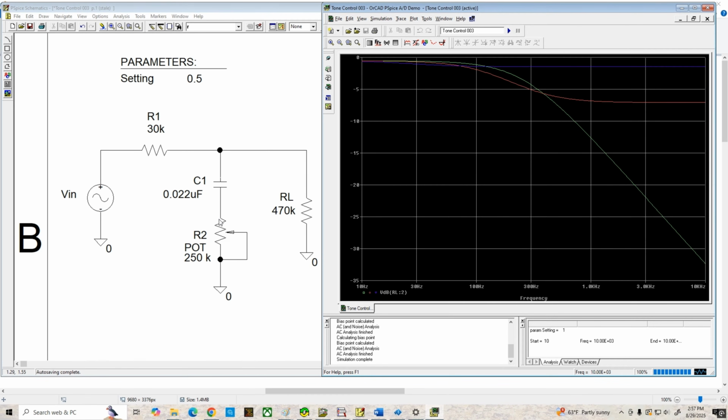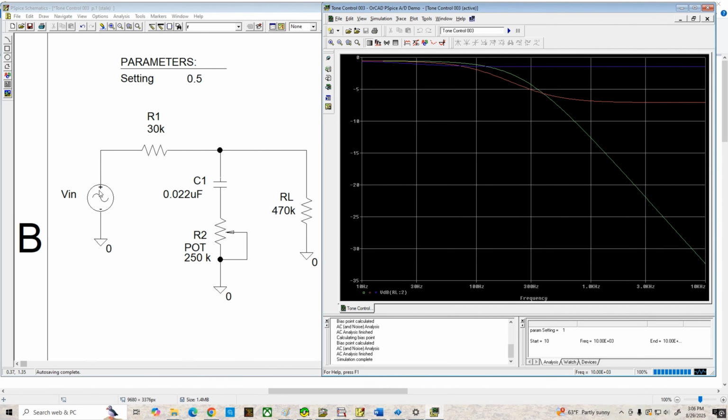If we move the pot down 10%, we get this red curve, so we can see that we're getting less treble cut. And if we move the pot wiper all the way down to the bottom, we've got the blue curve where the response is pretty flat all the way from 10 hertz on up. So here we have the simplest tone control you're going to run into, and this is one that also is used in most guitars.